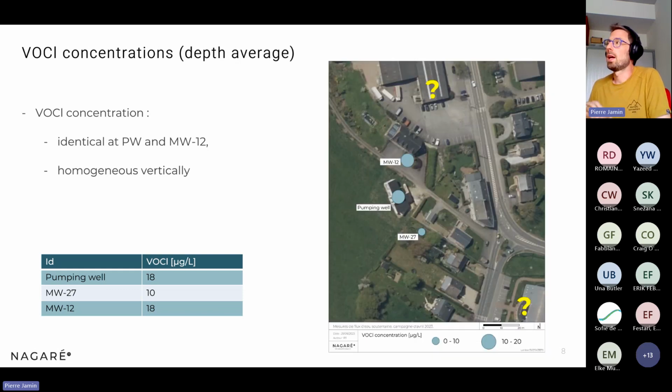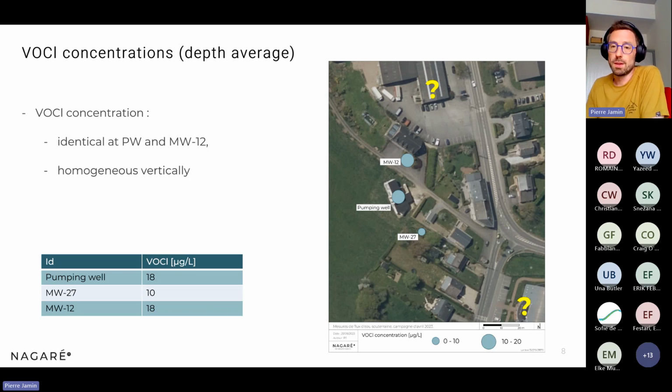So most of the time, when consulting companies try to investigate a pollution problem, they are stuck in that concentration-based approach. And on that concentration-based approach, it was impossible to say whether the chlorinated solvents are coming from the north or from the southeast, or a bit of both.